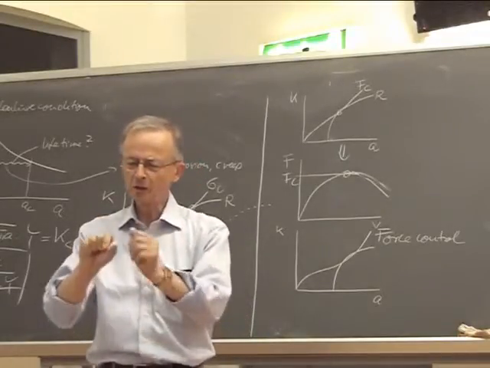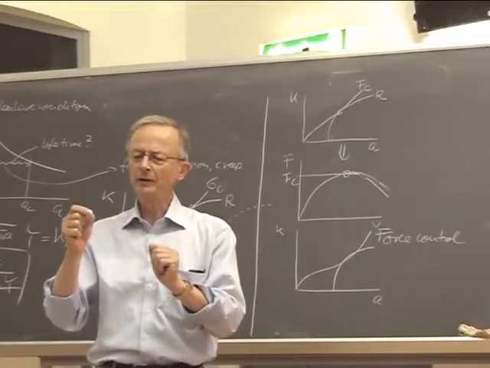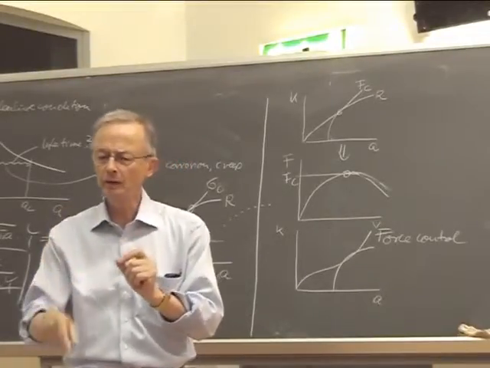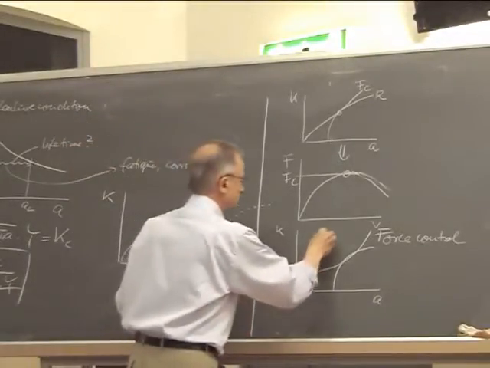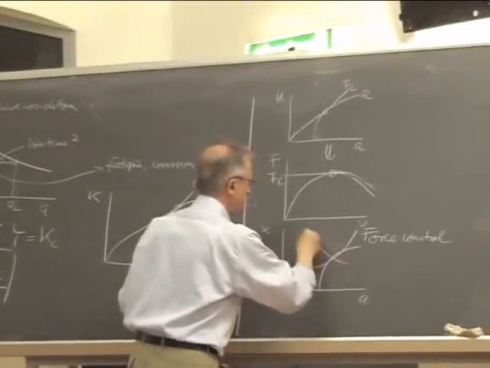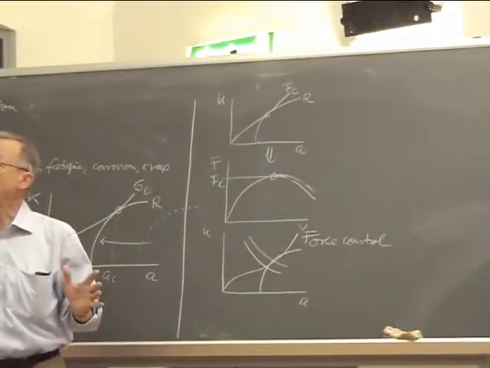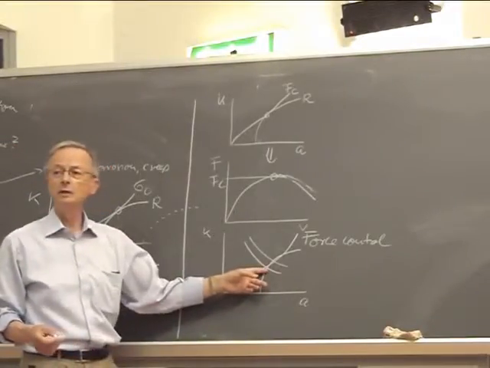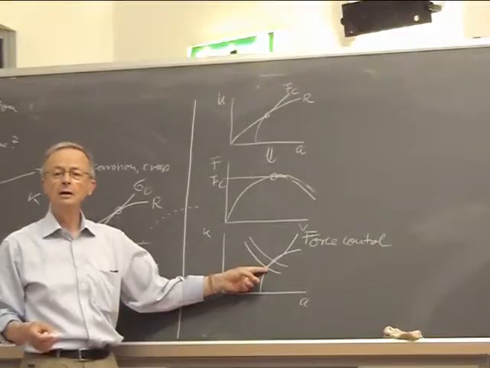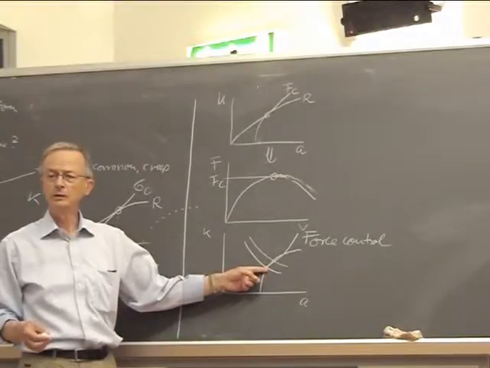The specimen that is loaded by turning two screws against each other, it is there where the crack driving force decreases with increasing crack size. So the crack driving force curves, that's why it's stable. The slightest amount of crack extension would run into a lower magnitude of crack driving force.